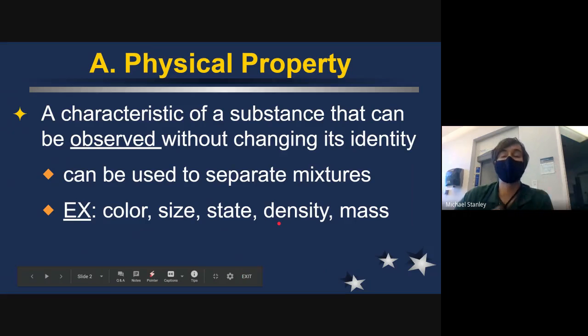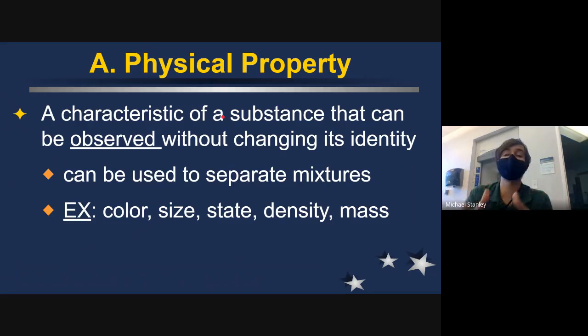We can also consider physical properties things that we can measure about a substance. So its mass, how heavy it is, its density, the comparison of how heavy it is versus how much space it takes up. These are things that we can measure about the matter, and a measurement is a type of observation. So they are physical properties of matter.